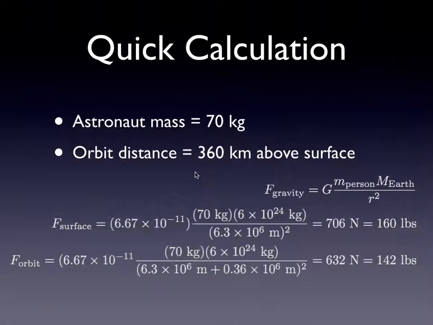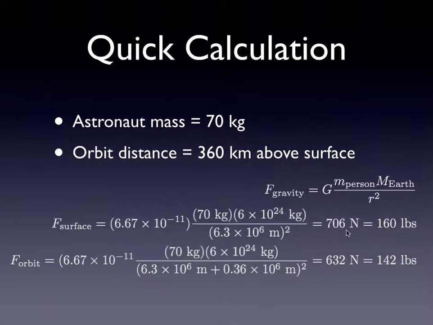So in orbit, obviously, they're further away, so they're going to have less gravitational force. So first, on the surface, I put in G, the gravitational constant, right there. I put in 70 kilograms for the mass. The mass of the Earth is 6 times 10 to the 24th kilograms. And then this is the radius of the Earth, 6.3 times 10 to the 6 meters.